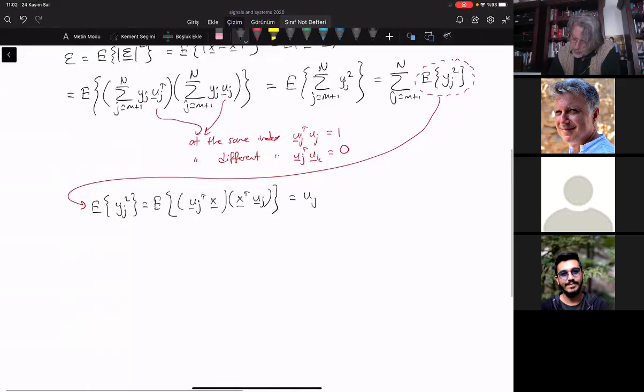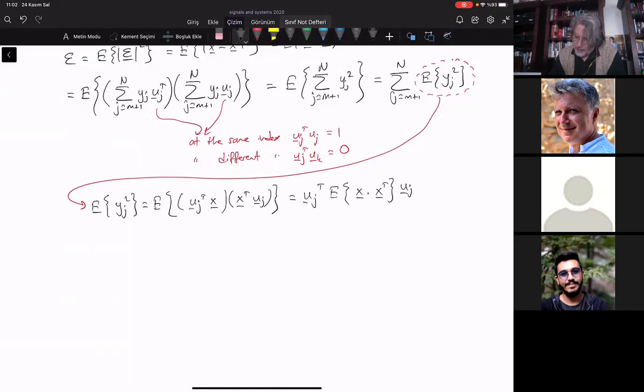This is equal to uj transpose, expected value of x times x transpose, times uj. Because the uj's are not random, we don't need the expectation operator for them. But x is the random signal here, or the vector, so we keep it inside the expectation operator.